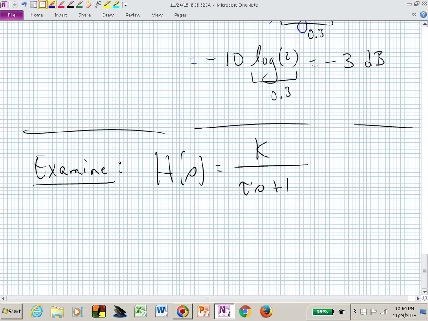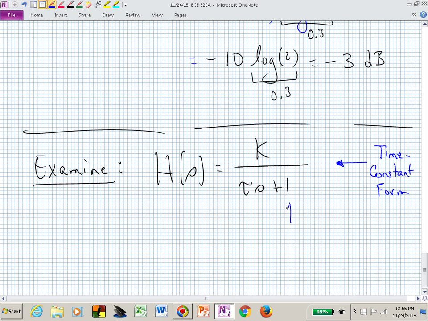And we are going to make a big deal about how we represent our transfer functions when we're performing Bode plots. This particular representation is not in pole zero form. This is in time constant form.